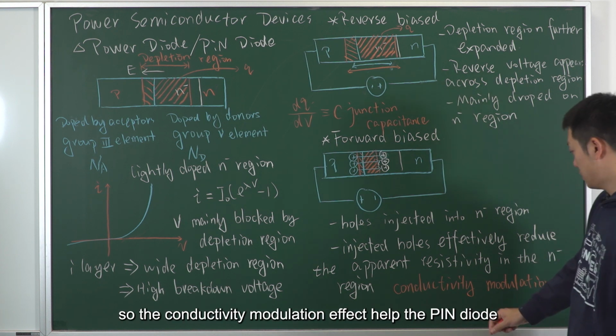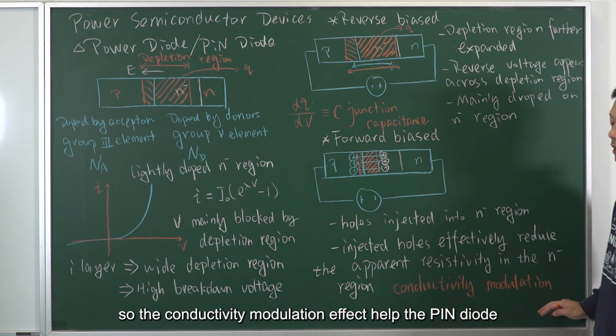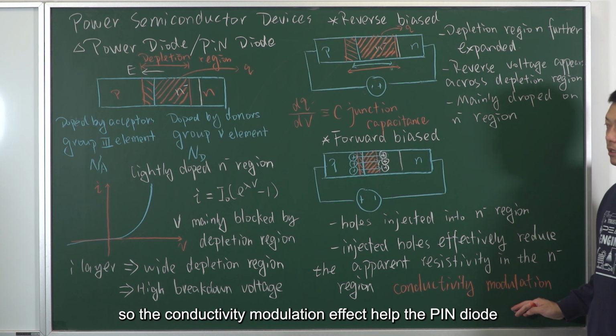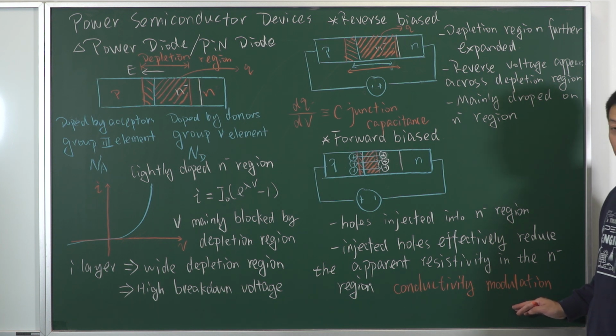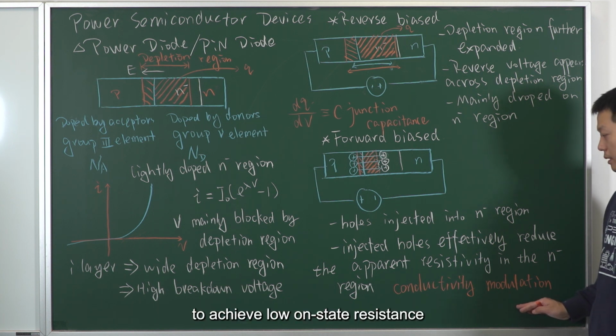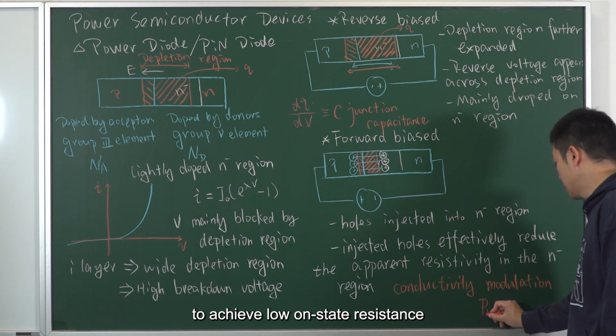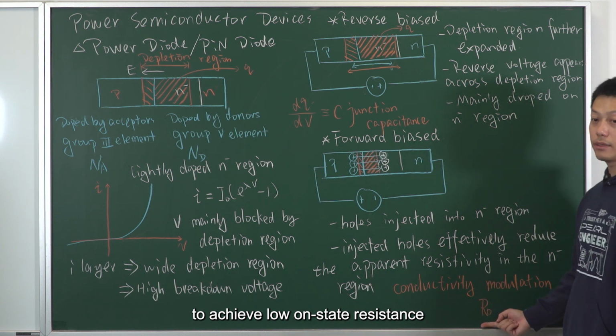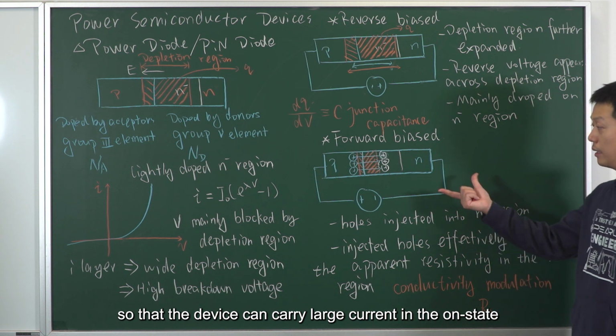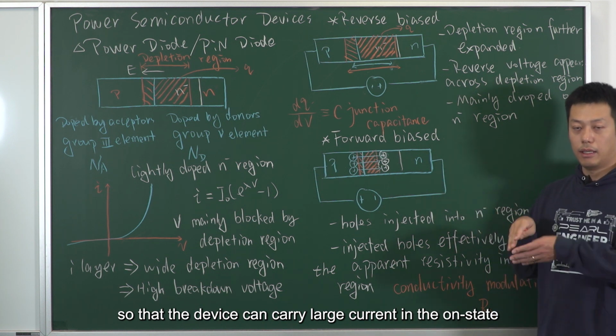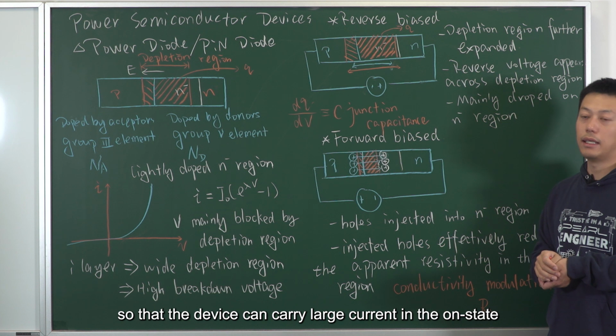So the conductivity modulation effect helps the PIN diode to achieve low on-state resistance so that the device can carry large current in the on-state.